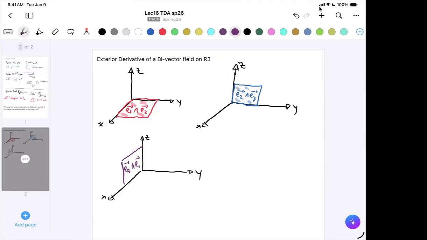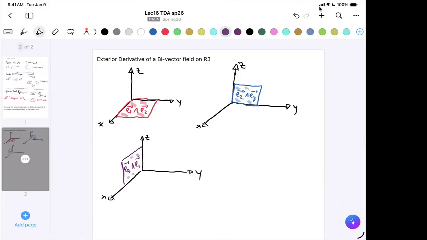Those are the three basic parallelograms, and any other parallelogram on R3 is a linear combination of these three. In the same way in which a vector field could be written in terms of i, j, and k, a bivector field would be written in terms of these three unit parallelograms.